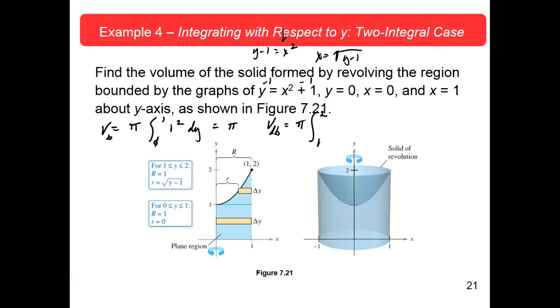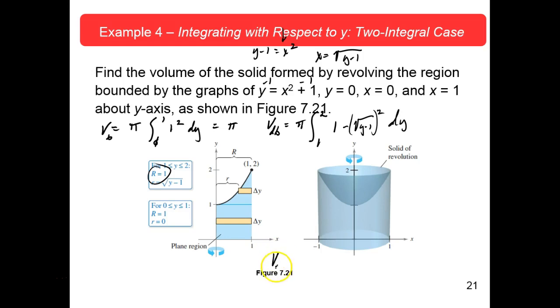Okay, that's certainly in there, but there's something else in there too. Then 1 squared. You got 1 squared. That's from your outer one. Minus, as you said, the square root of y minus 1 squared dy, because you got a dy there. Okay? So let's do that.